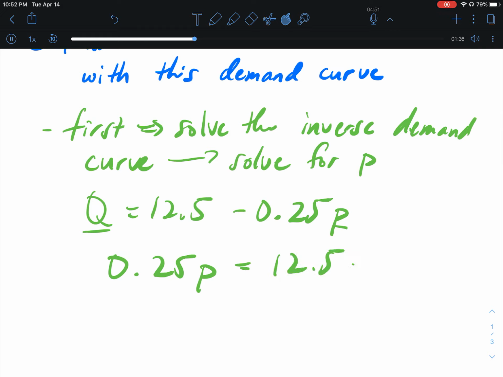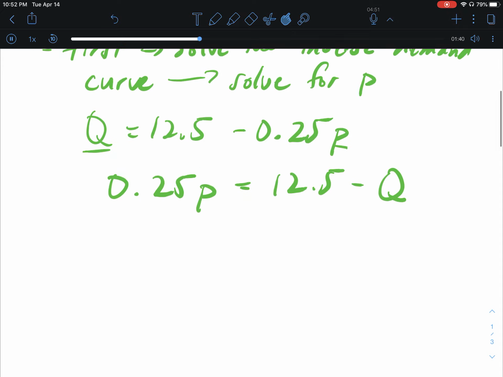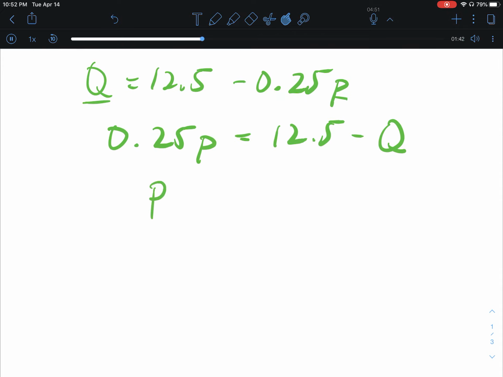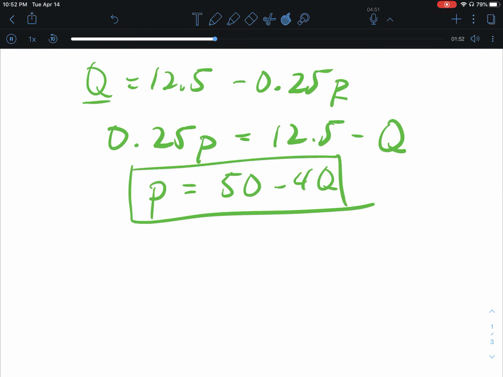So we have 12.5 minus Q. Now divide by 0.25. So P should equal 50 minus 4Q. Okay, we're not done yet though.